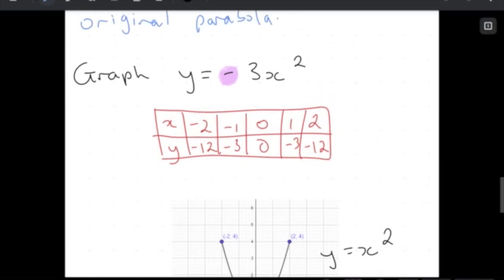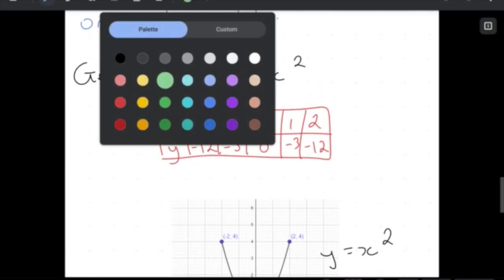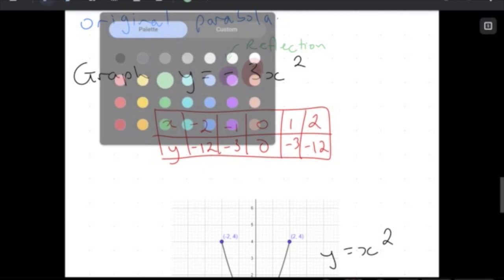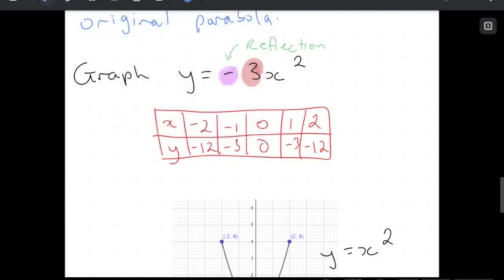So let's actually write that in here, because oftentimes when you do these questions, it helps to at least have a little roadmap in your mind of what you're going to be roughly expecting. So I'm going to expect here a reflection because I have the negative sign in front, and this guy here tells me I'm going to have some kind of dilation.